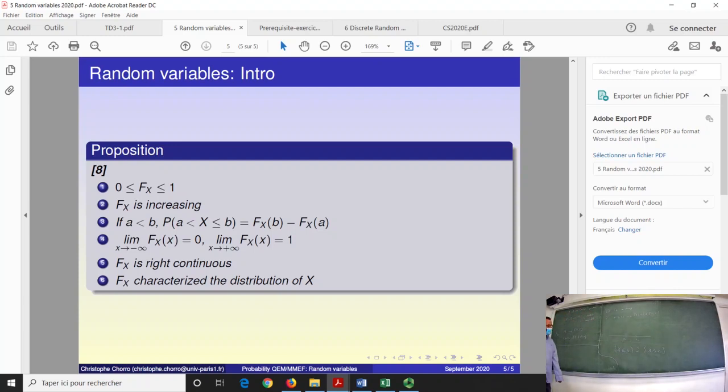Okay? And in fact, it's finished because what we have seen together in the first session is that if A is included in B, P of A is less than P of B. So from this inclusion, I am sure that the probability that X is less than x2 is smaller than the probability that X is less than x1, because this set is the biggest in the sense of inclusion.